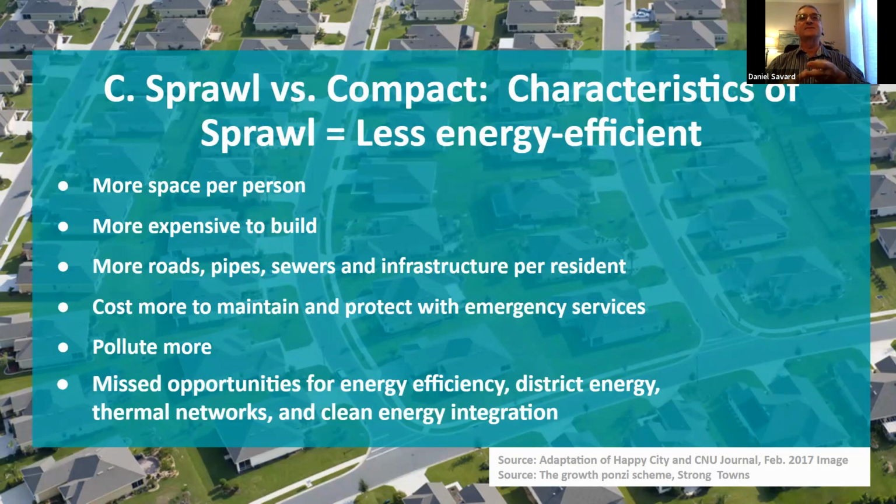It is more expensive to build because there are more roads, pipes, sewers, infrastructure per resident, costs more to maintain and protect with emergency services, pollutes more, and of course, as you can imagine, missed opportunities for energy efficiency, district energy, thermal networks, and clean energy integration.